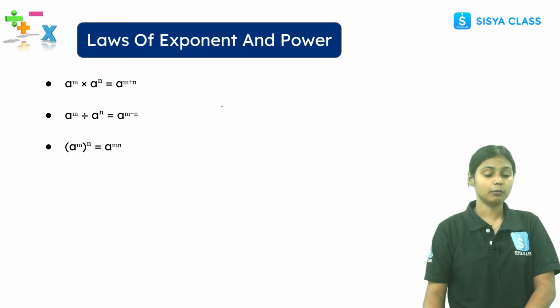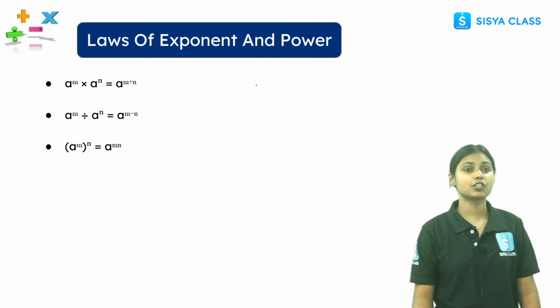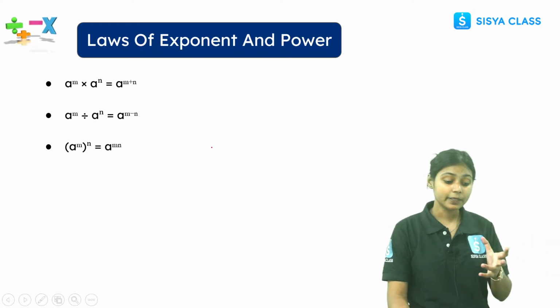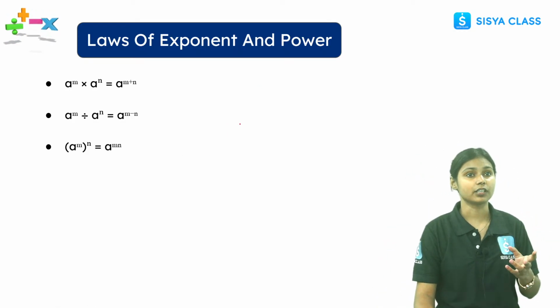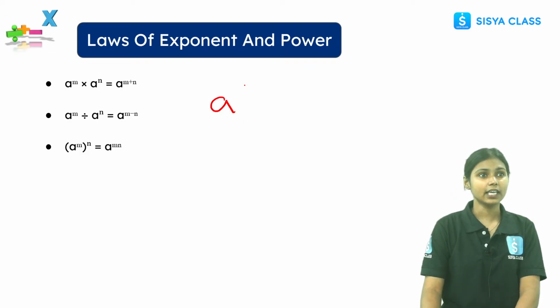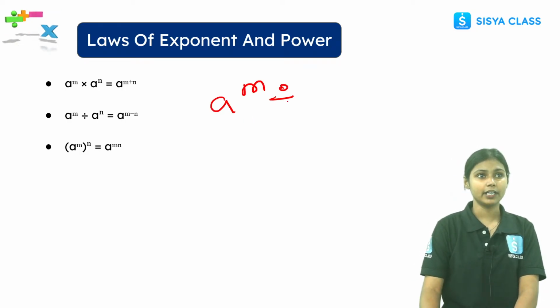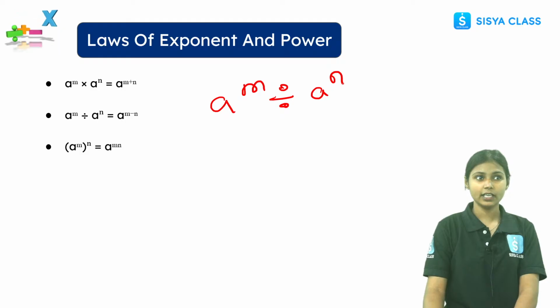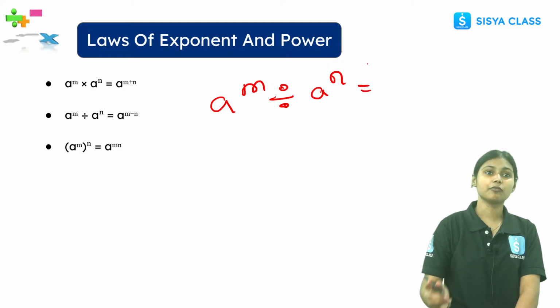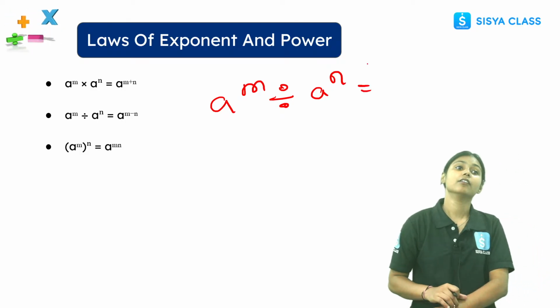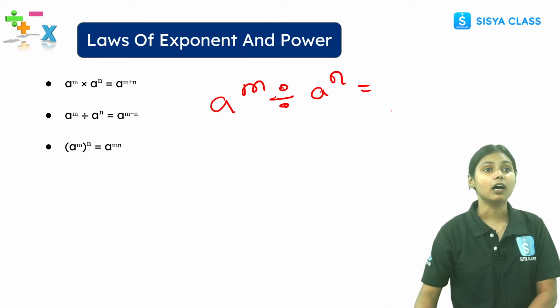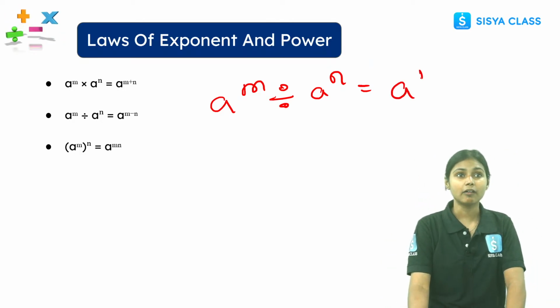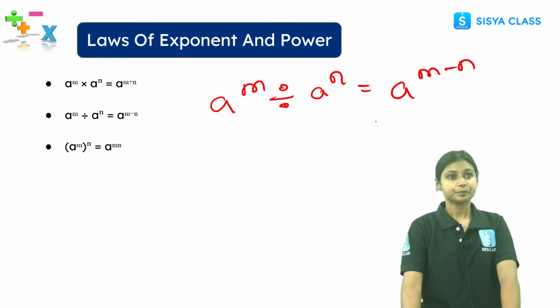Now let's talk about, it was the condition of multiplication. Now what will happen if we are doing division? So in that case, a to the power m divided by a to the power n. Whenever division happens, we are going to subtract the power. So a to the power m minus n.